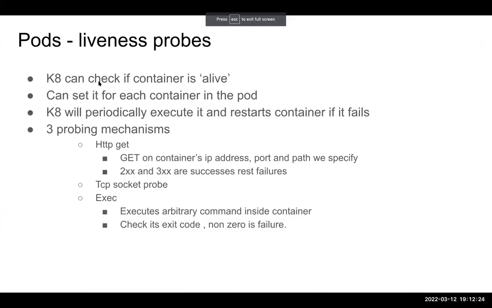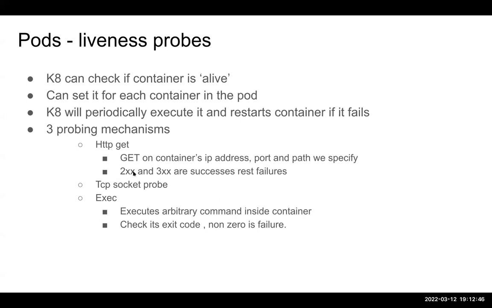So Kubernetes can check if a container is alive. I mean, basically your application inside the container is alive. You can set it for each container in the pod. Kubernetes will periodically execute it and restart the container if it fails. There are three ways to check it. You can have an HTTP GET on the container's IP address, port, and path we specify.